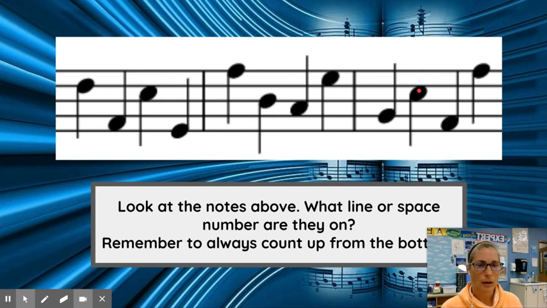Next one, line or space, it's in a space, count up from the bottom, space 3. Line or space, count up from the bottom, space 1. And the last note that we have here, line or space, count up from the bottom, and your answer should be line 5. Good job.